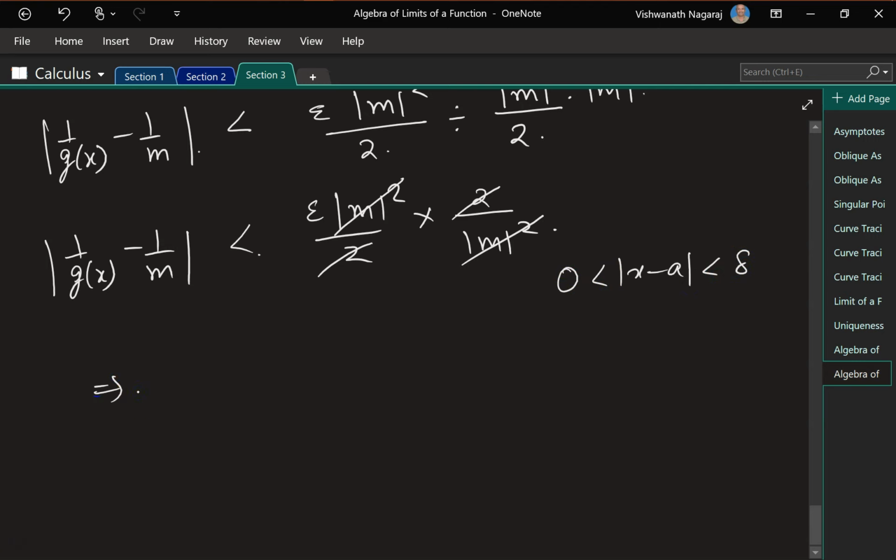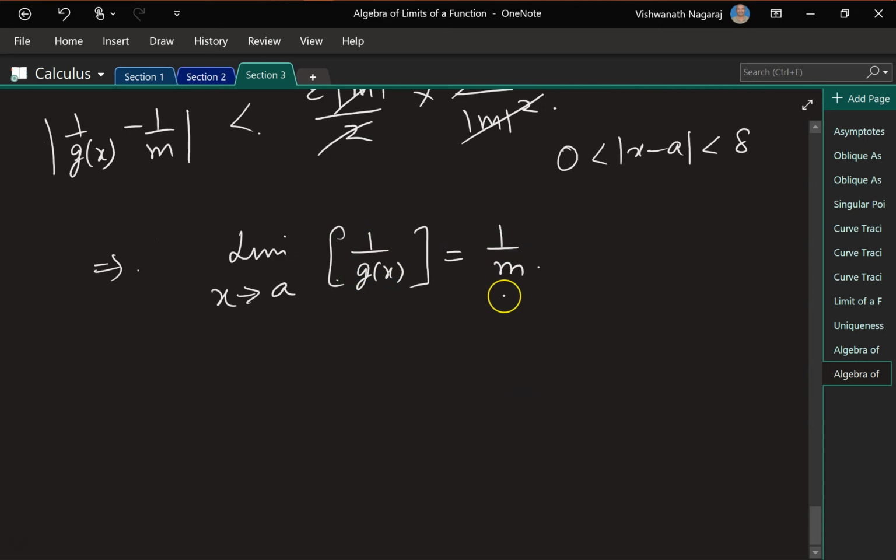This implies what? This implies the limit as x approaches a of 1 by g of x is equal to 1 by m. So this is our intermediate proof, partial proof.